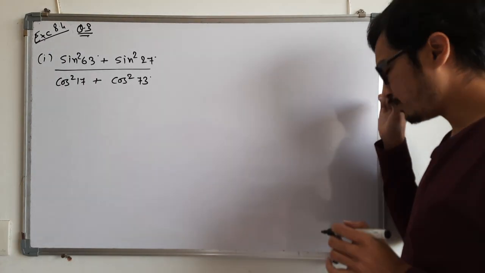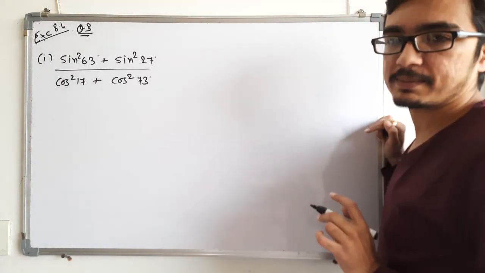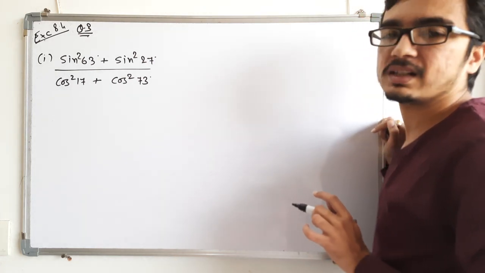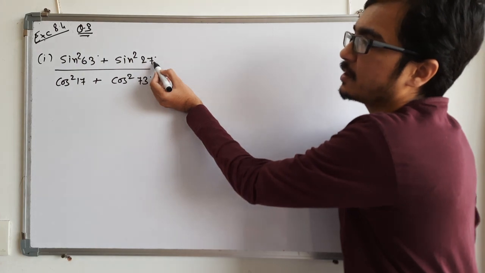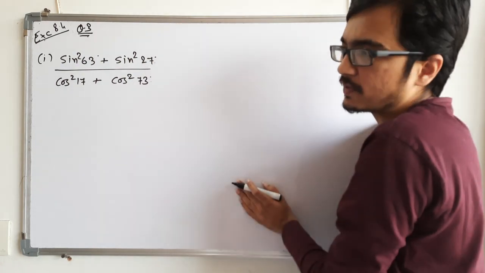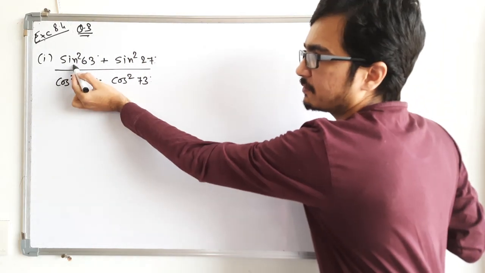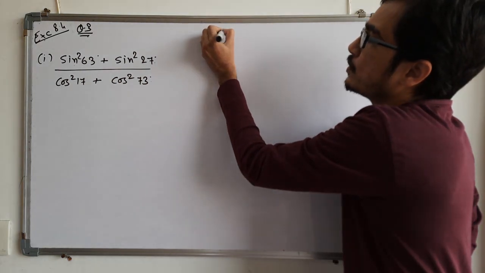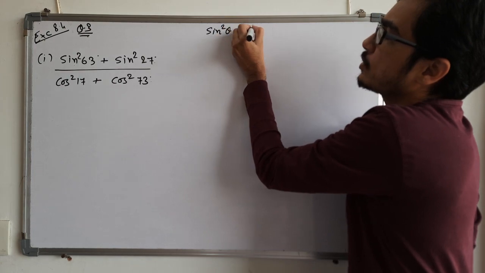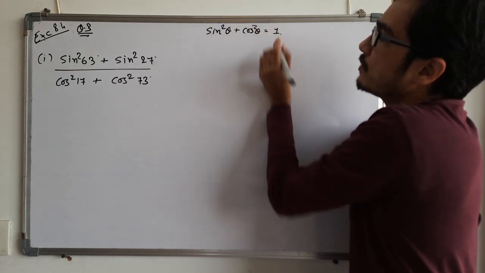Then here we have to use two concepts. One is the concept of complementary angle. We have to convert sine in the form of cos, and cos in the form of sine. Why is it so? As we know, sine square theta plus cos square theta is equals to 1.